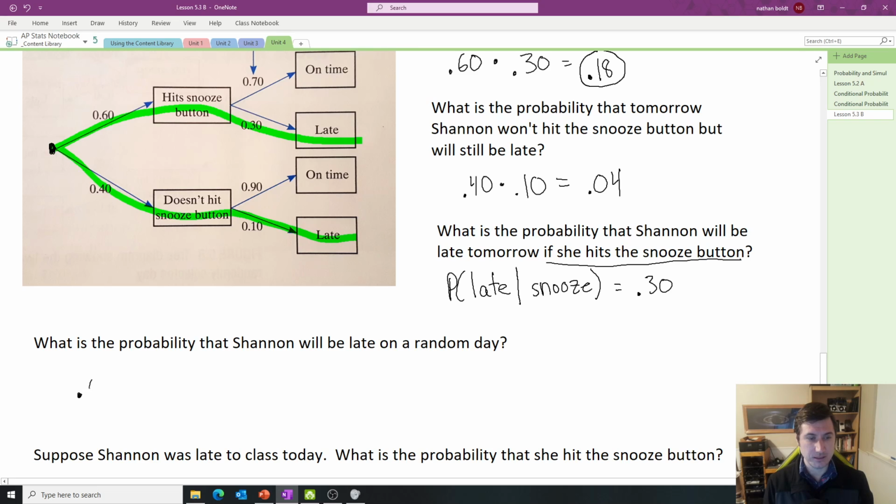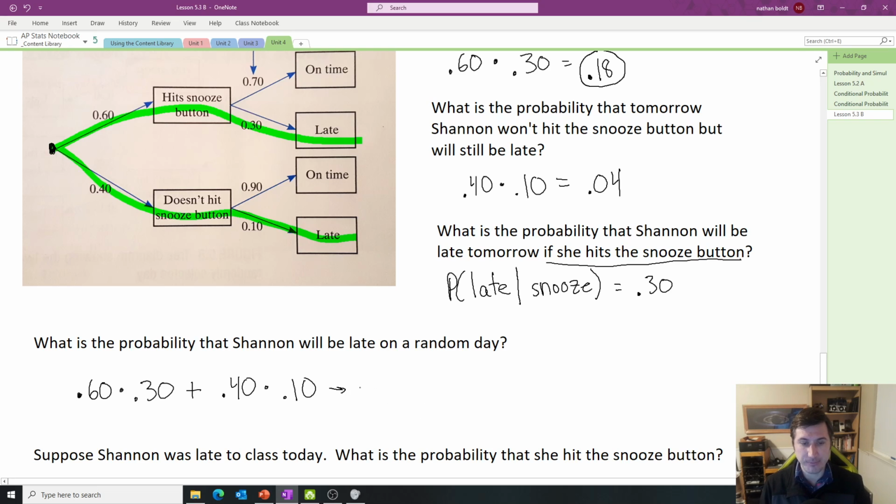One of them is 0.60 times 0.30. That's the first one, plus the other one, which is 0.40 times 0.10. Those are the two ways that she can be late. They're mutually exclusive, so we can add them together.